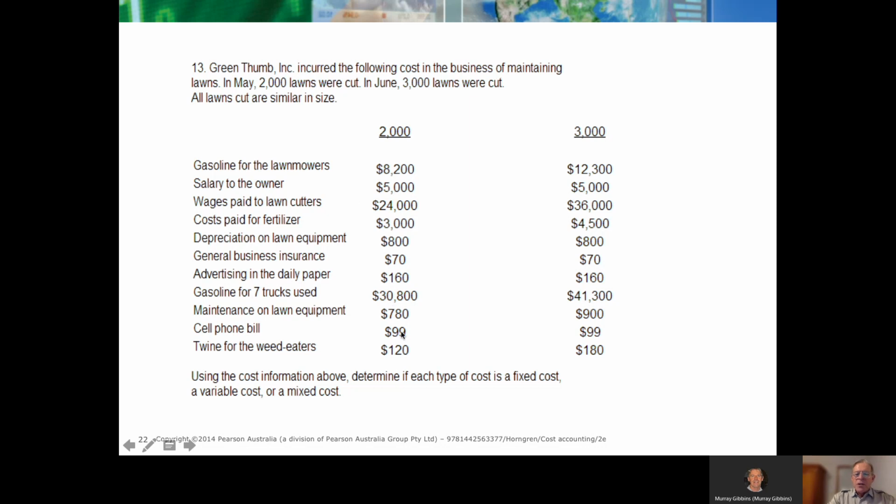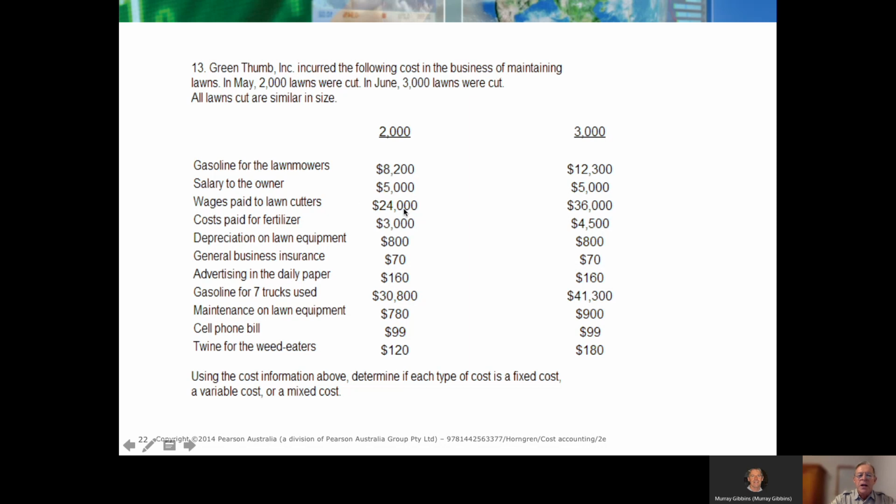But if a cost is in direct proportion to the number of units, for example, we'll have a variable cost. If it doesn't go up, it's not fixed, but it's not fully variable, then it's a semi-variable cost. It's got a little bit of a fixed component in there.